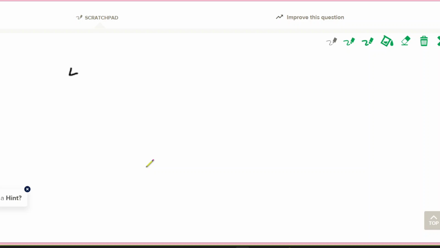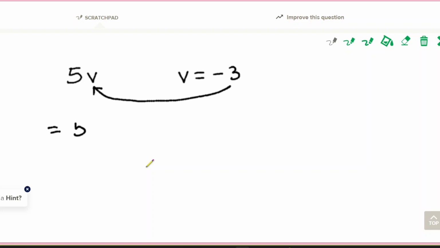So like I said, we have 5 times v, but v, they're telling us, is equivalent to -3. So I'm making this substitution. All right, so this expression now has this value, 5 times, and then I like to do this. I would recommend that you do this as well.